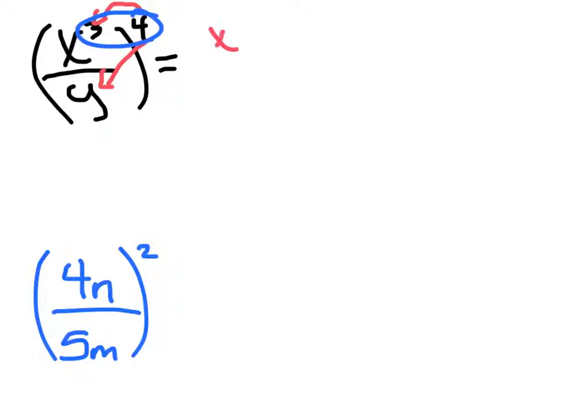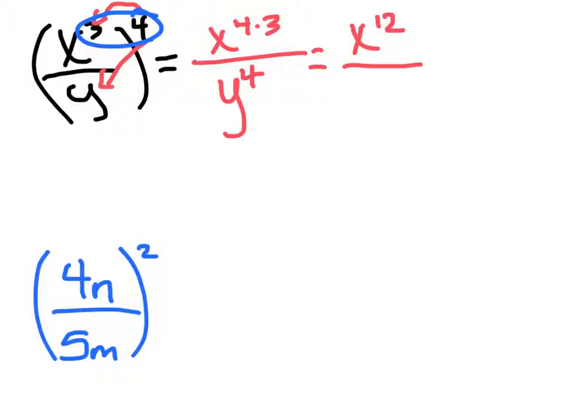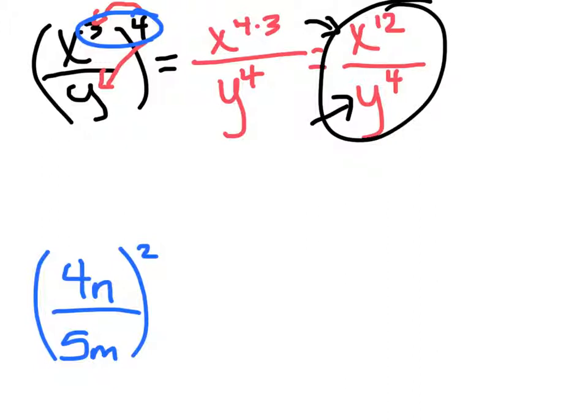So we're really getting x to the 12th, because 3 times 4 is 12, over y to the 4th. So x to the 12th over y to the 4th. Now, you might say you can take it a step further and subtract, but you can't. The reason why you can't subtract is because your variables are different here. You have an x and a y. So we can't reduce that any further. This is your final answer right here.